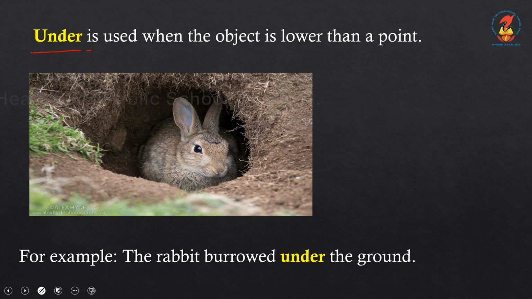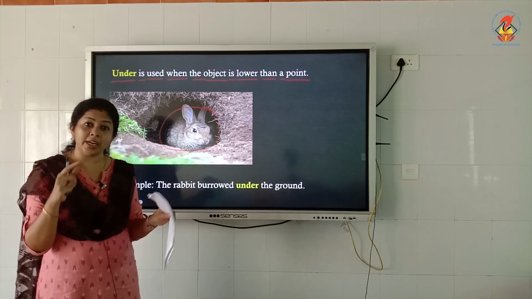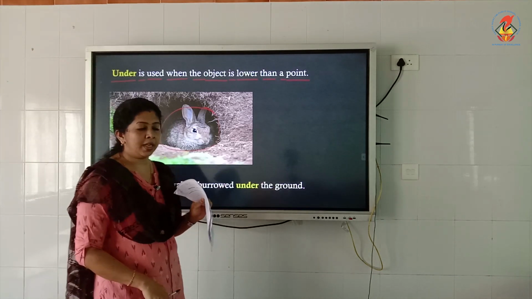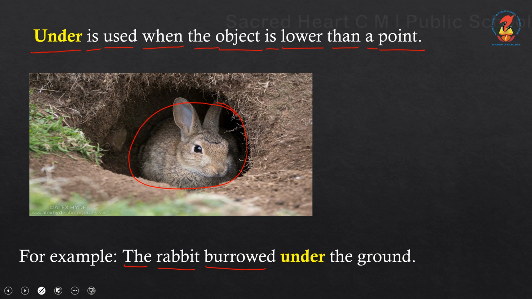Third one, under. Under is used when the object is lower than a point. You can see a rabbit here, and it's lower than a point. Under, the meaning itself shows under. Okay, example, the rabbit burrowed under the ground.